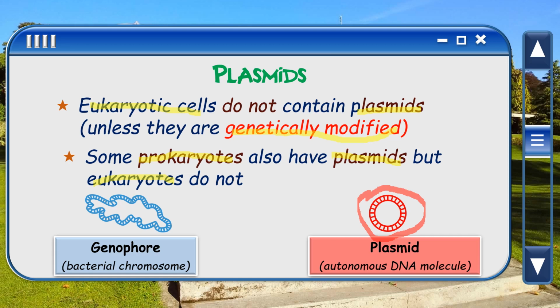Though we have seen that some organelles in eukaryotic cells, for example chloroplasts and mitochondria, might have their own circular DNA, those are organelles. The eukaryotic cells themselves do not have plasmids.